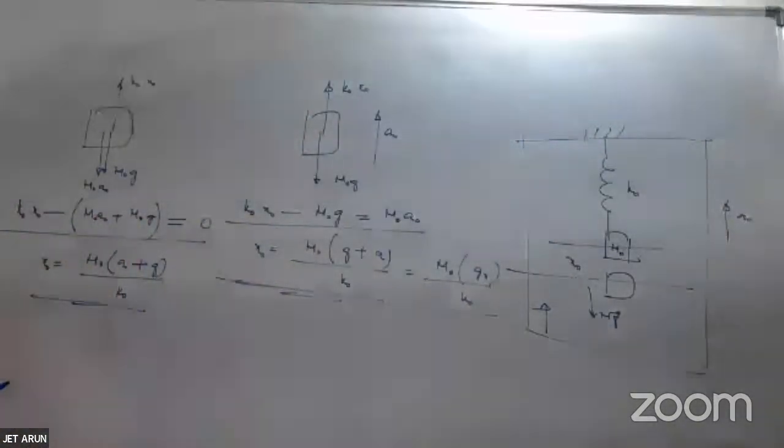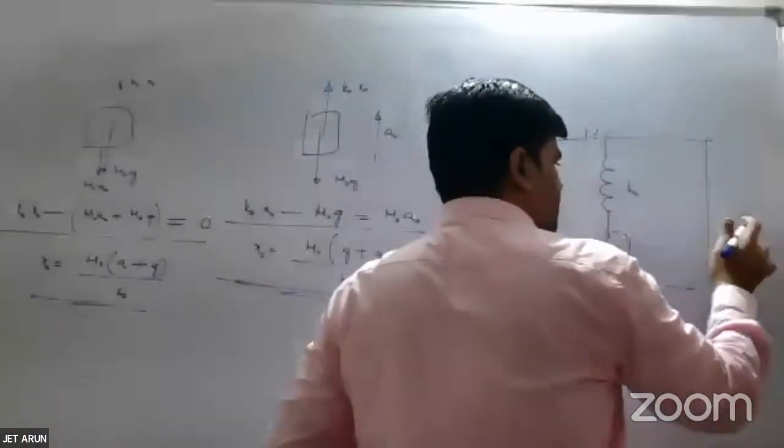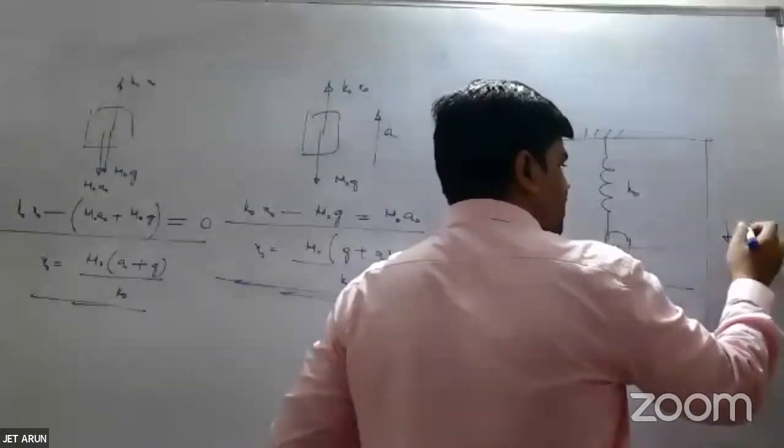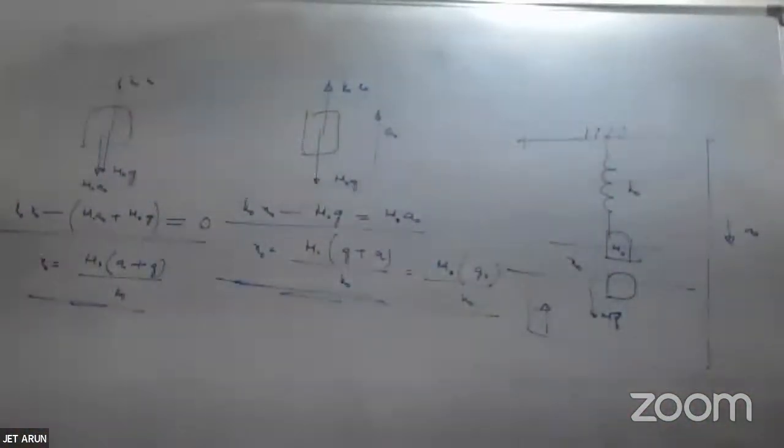Now, let us say this lift, instead of accelerating upwards, is accelerating downwards with acceleration A naught. What is the equilibrium extension in the spring? K naught X naught plus M naught A naught... what's your reference frame, Vignesh? Which reference frame have you chosen?